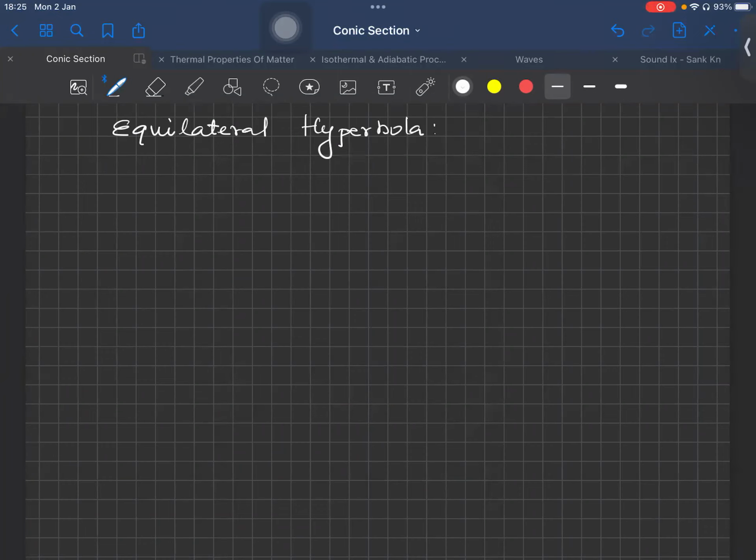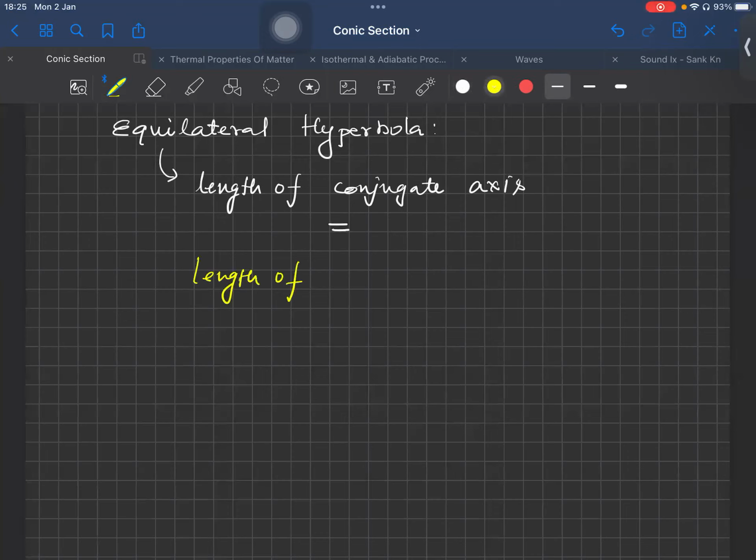See here, length of conjugate axis is equal to length of transverse axis. Length of transverse. Okay, that means A is equal to B. Got it? So these type of hyperbolas are called equilateral hyperbolas. Understood?